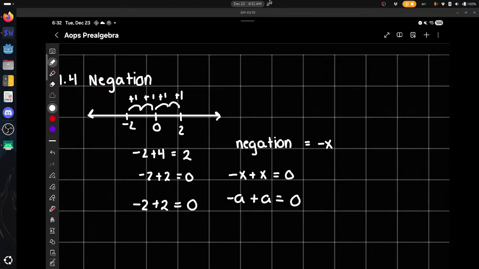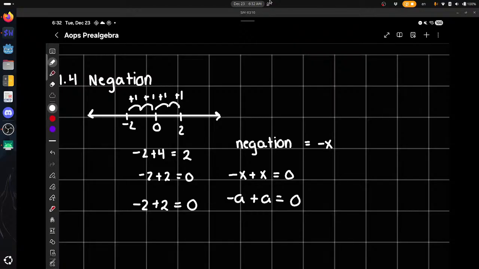So for all values x, the negation of x plus x, its additive inverse, well, let's see if I'm using the terms right. If we take the additive inverse of x and add it, we always get 0.